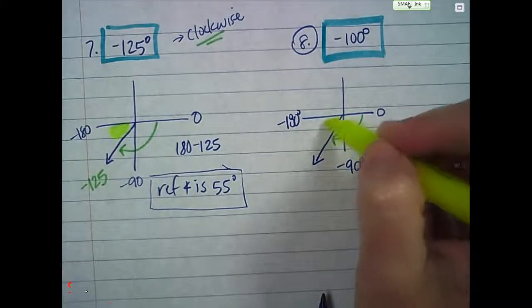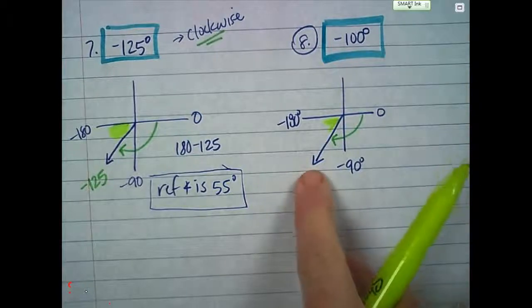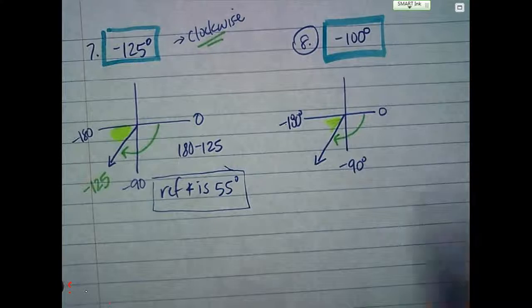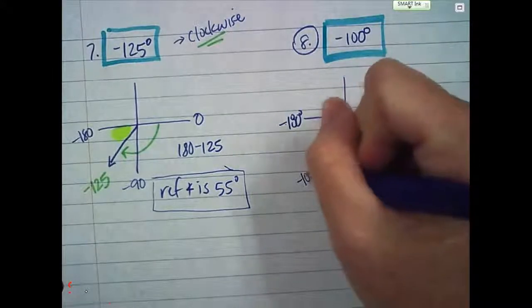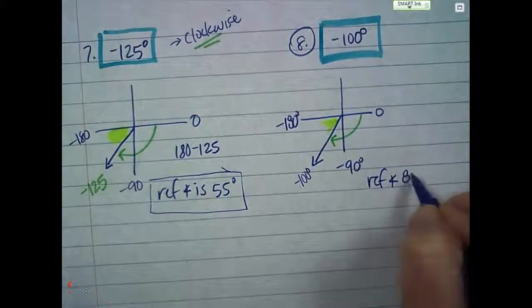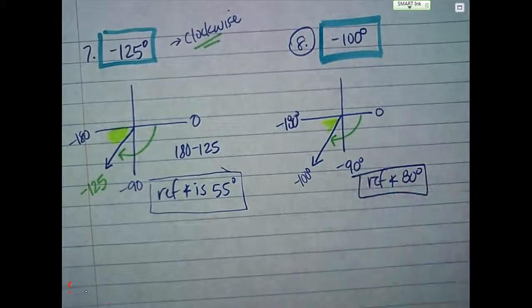It touches x. So I'm from 90 to 180. Oh, I'm sorry, that's 100. 100 to 80 is how much? 80. Okay, does that make sense how to find a reference angle? Is everybody good with that? Then let's move on.